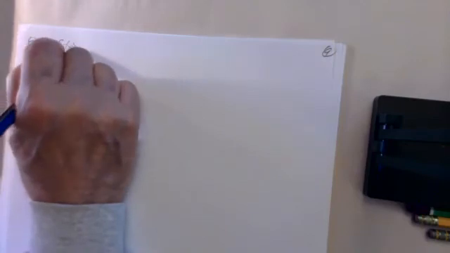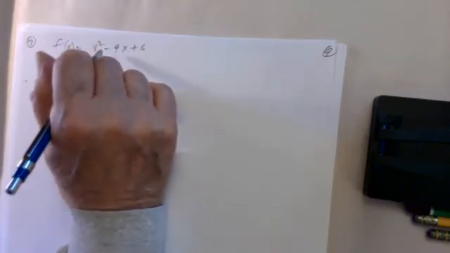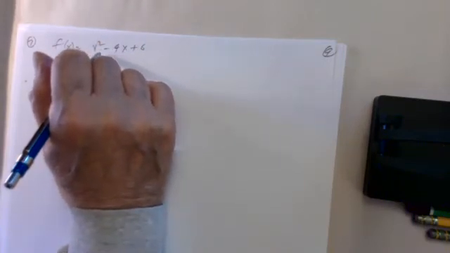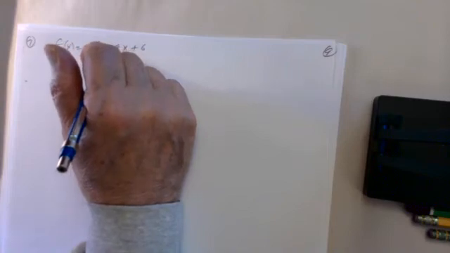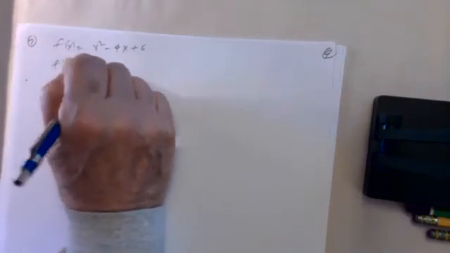Problem 7. We have a parabola. f of x equals x squared minus 4x plus 6. We want to find that, so f prime of x is 2x minus 4.